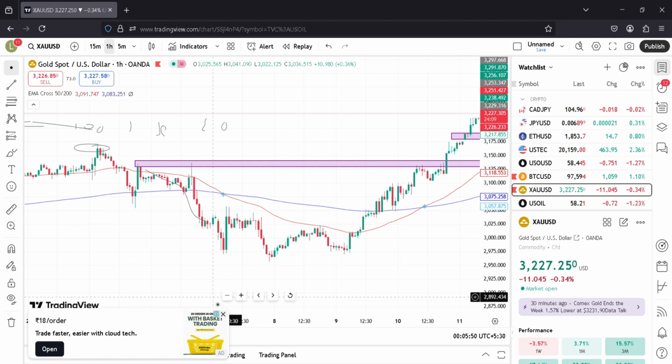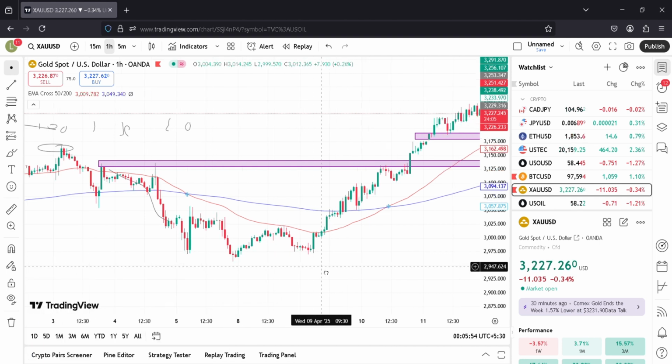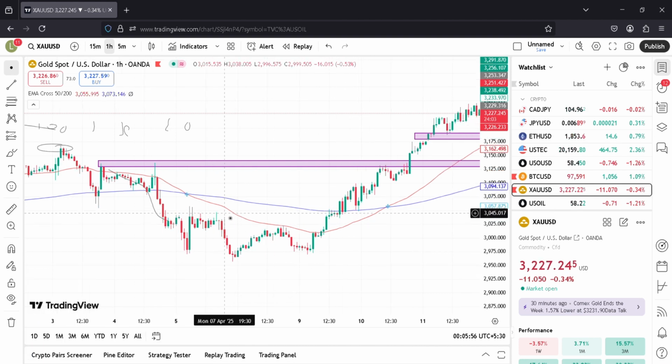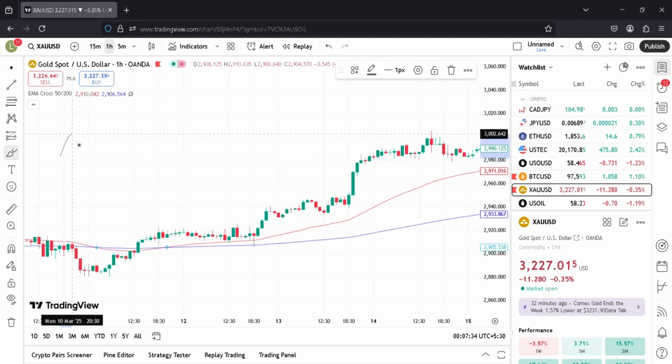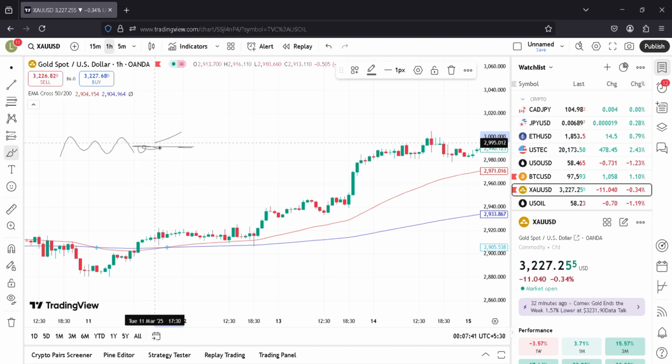Are you hearing me, guys? Let's assume this is a trend and the price doesn't bounce back. Price went like this, and won't come back to hit where the institutions placed their orders.